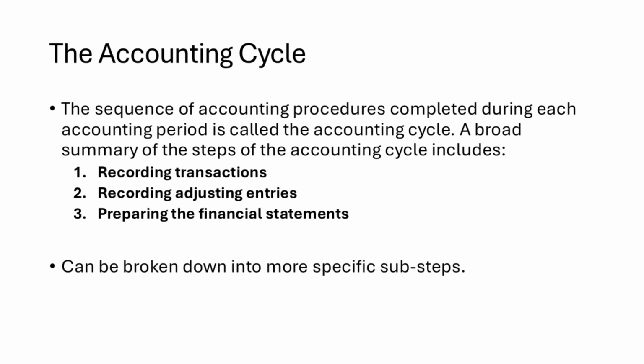Depending on the standards and practices used, it may be outlined in 6 to 10 steps. For this overview, we'll group it into 3 broad phases, each of which can be broken down into more specific substeps. 1. Recording transactions, 2. Recording adjusting entries, 3. Preparing the financial statements.